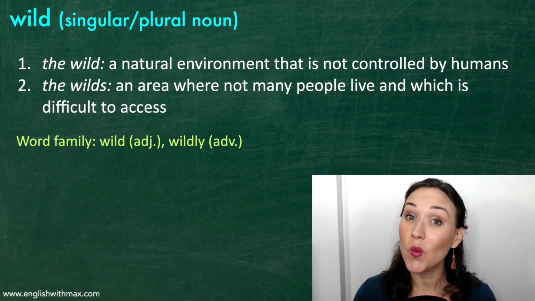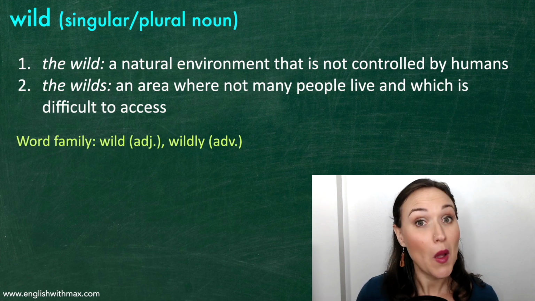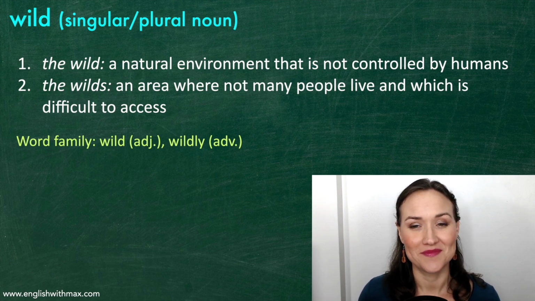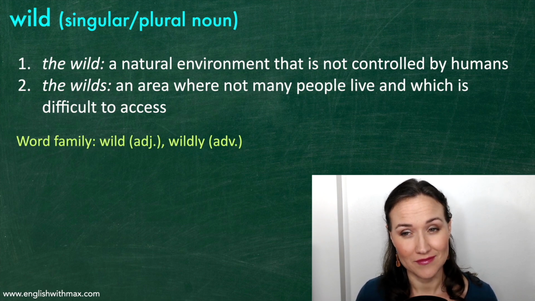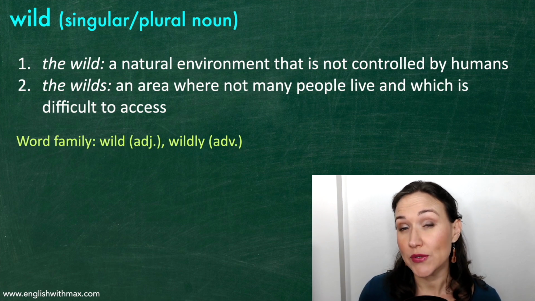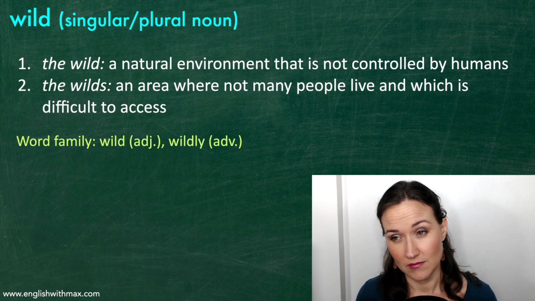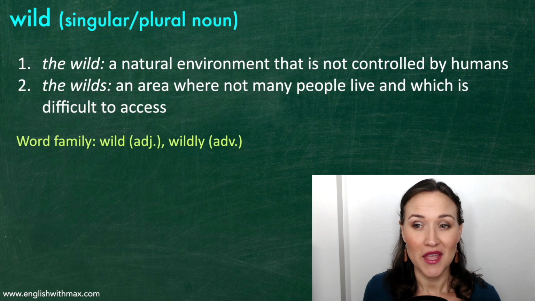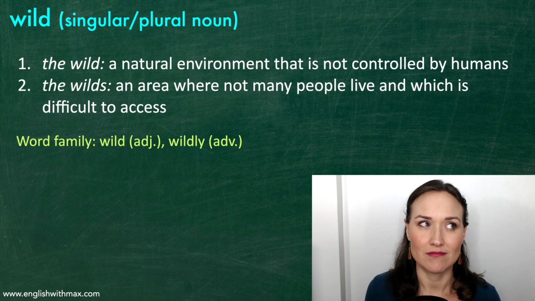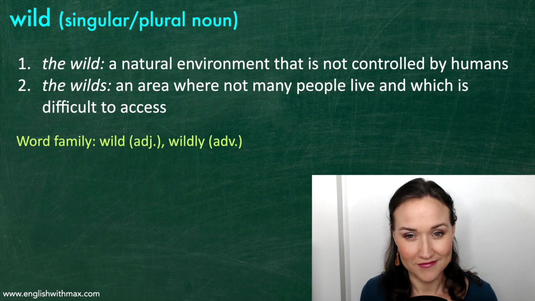Next we have wild. Wild. This is a singular and plural noun. It's always preceded by the. You can't put a in front of it. In other words, you can't say a wild.